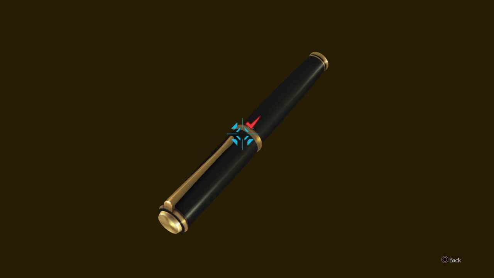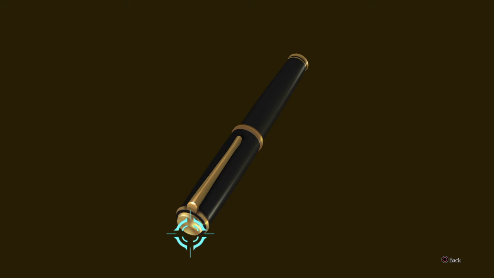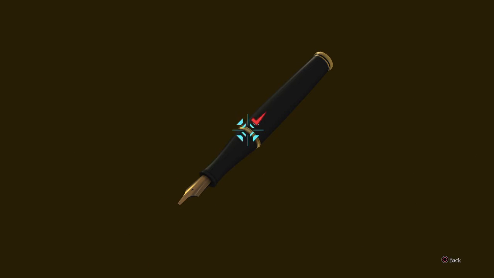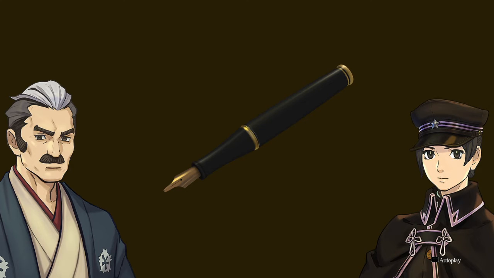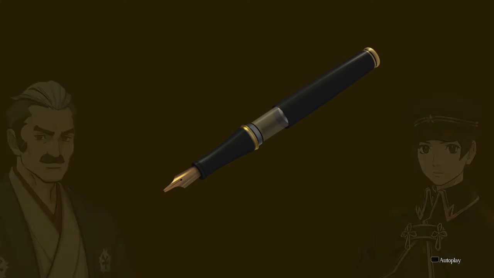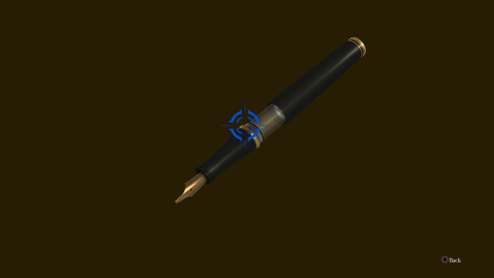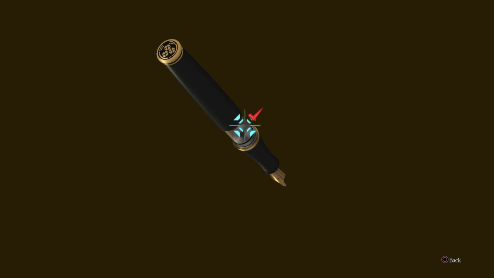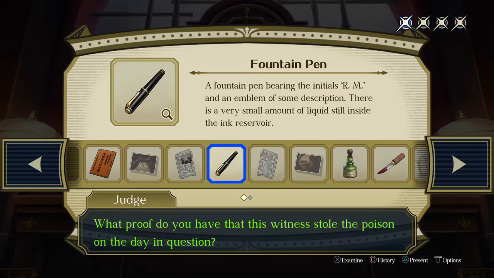Let me just pop that off again. I just want to double check, make sure I'm remembering right. Wait, I thought they said there was... okay, well, I remember them saying that there's a very small amount of liquid still inside the ink reservoir.